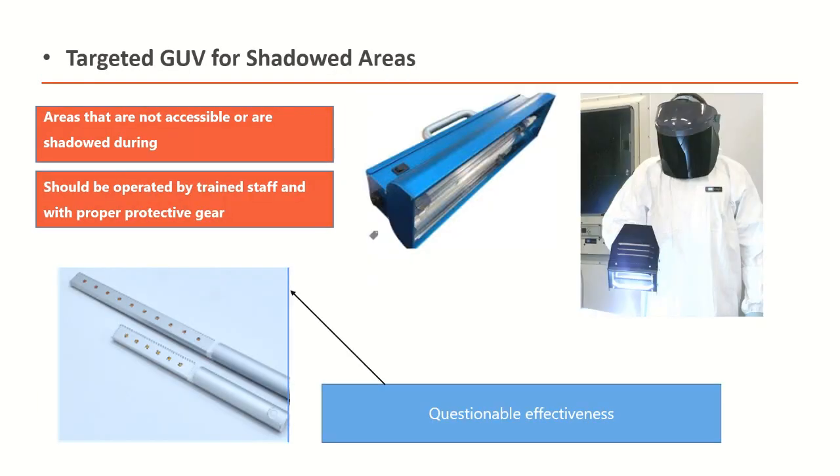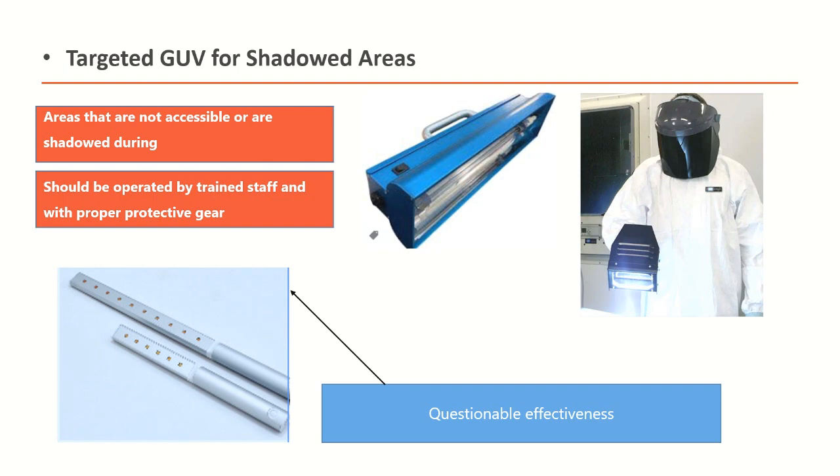Targeted GUV for shadowed areas. Now, in many cases, since the luminaire for whole room GUV or top lighting, or when you are using the trolleys, there are many surfaces that do not get exposed to the UV radiation because of shadow effect. And there are many such areas which are not reachable easily.